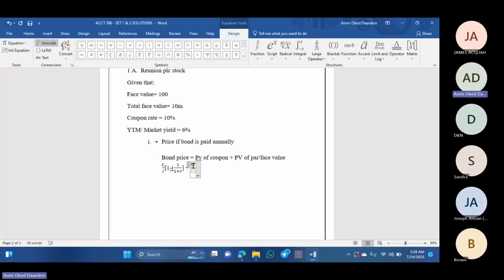Future value over the discounting factor, 1 plus R raised to the power n.